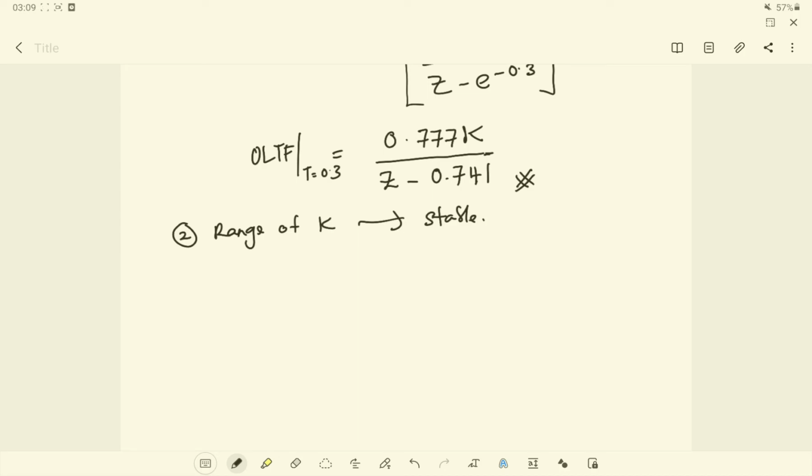In order to find the range of k, you have to find the closed loop transfer function. So how do you convert from open loop transfer function to closed loop transfer function?